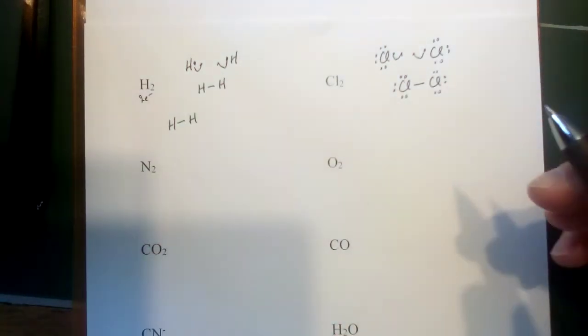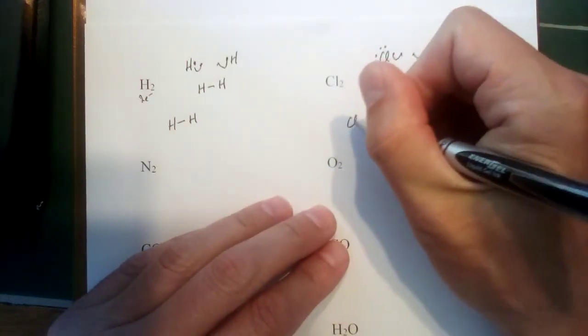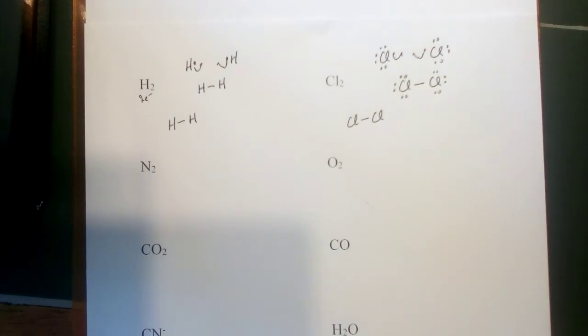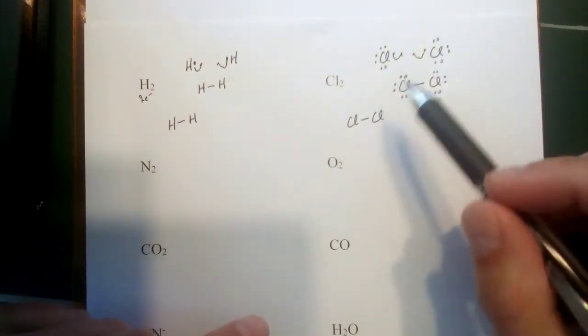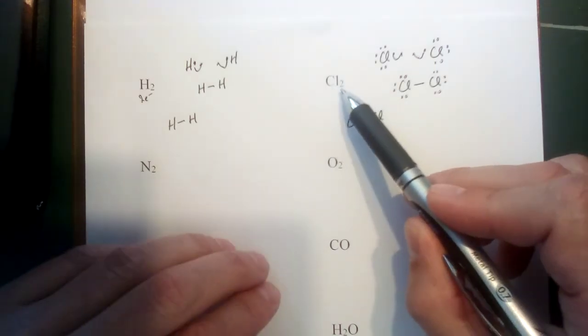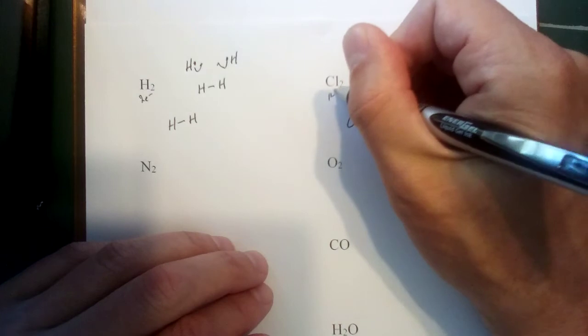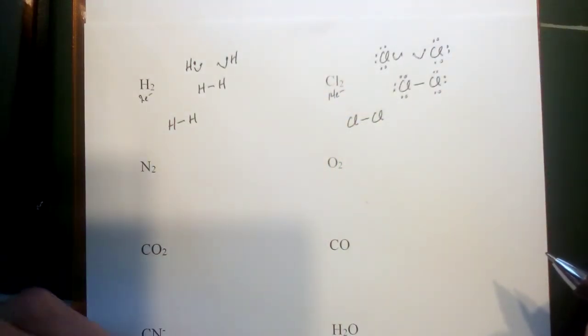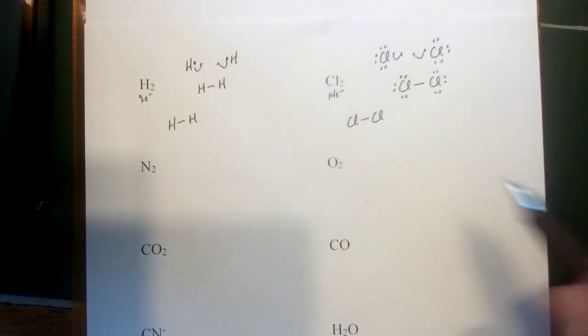Similar for chlorine, the first step is to draw the skeletal structure. That means we connect the atoms with a bond. With just two atoms, there's only one way to connect them, with a line between them. If we count the total electrons on chlorine, each chlorine brings 7 valence electrons. There's 2 chlorines here, that would be 14 valence electrons. First step, draw the structure, we did that.